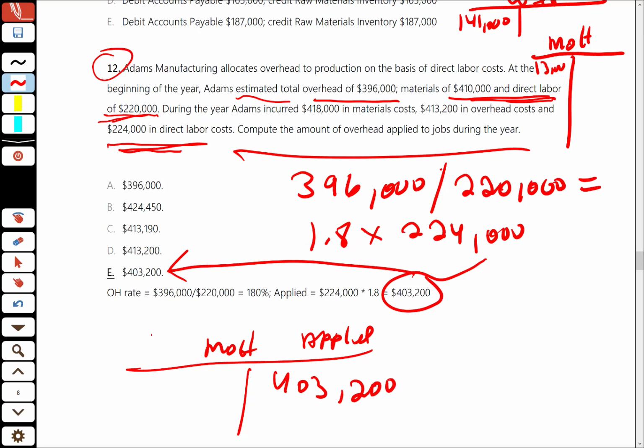How about the actual overhead costs? Oh, wait, no. 413 of actual overhead costs. So if I have 413 of actual, what's that give me? 10,200 what? Under or over? 10,200 under?